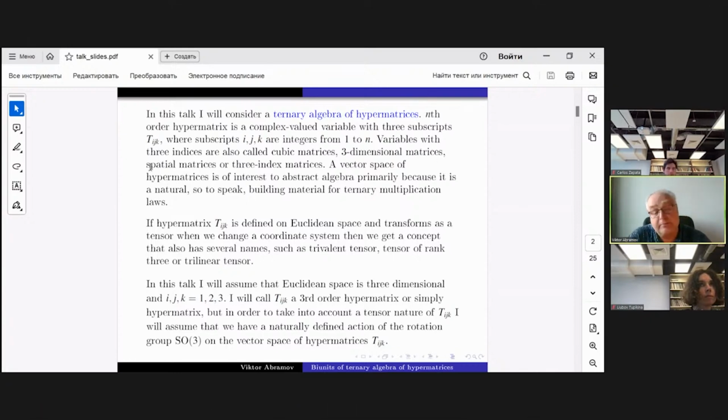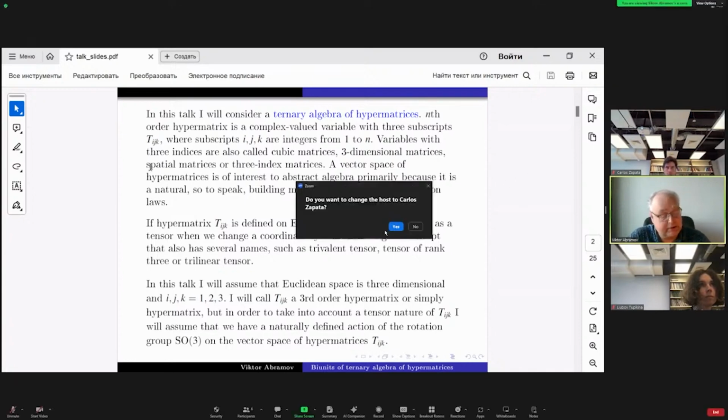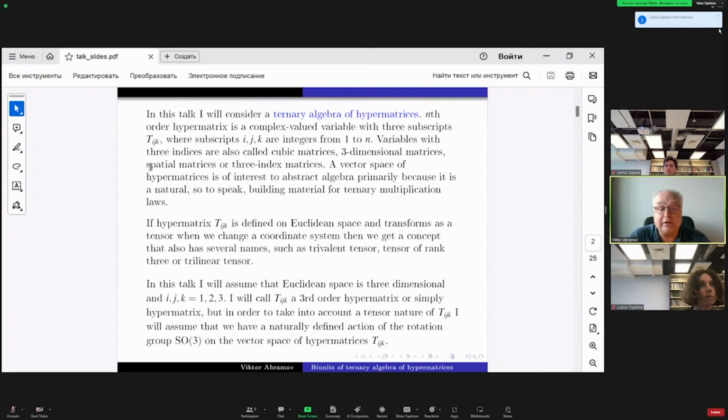I will assume that a hypermatrix is defined on a Euclidean space. In this case, I have no difference between covariant and contravariant indices, and so I will use only covariant, I mean subscripts.